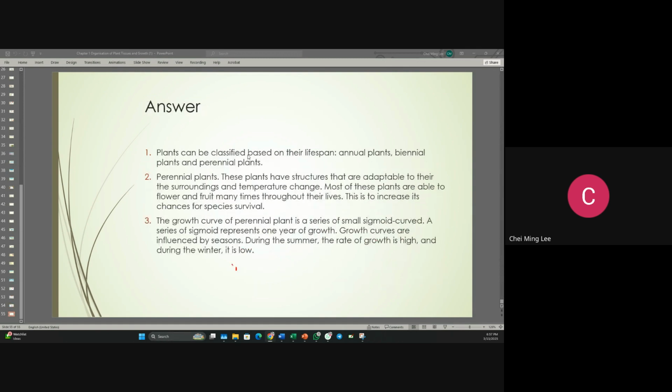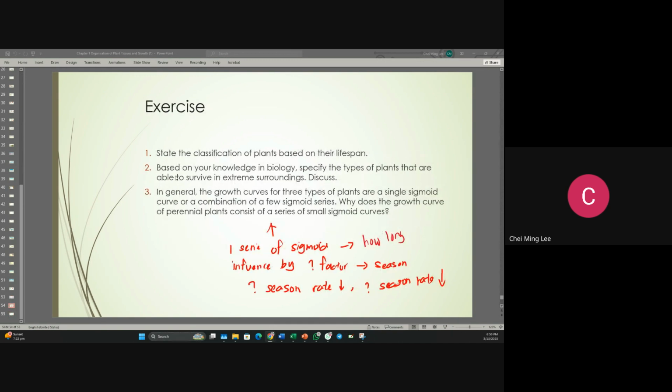So the plant can be classified based on the lifespan: annual, biennial, and perennial plant. Now, based on your knowledge in biology, specify the types of plant that are able to survive in extreme surrounding.